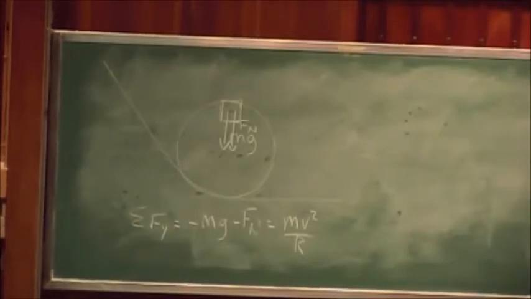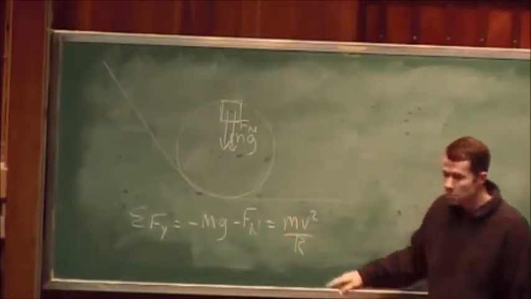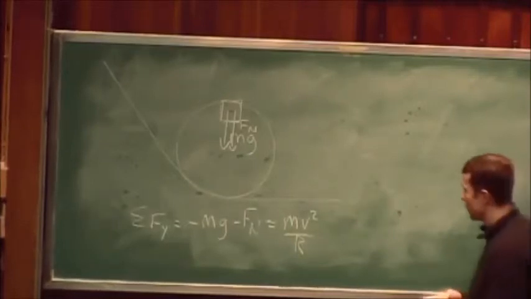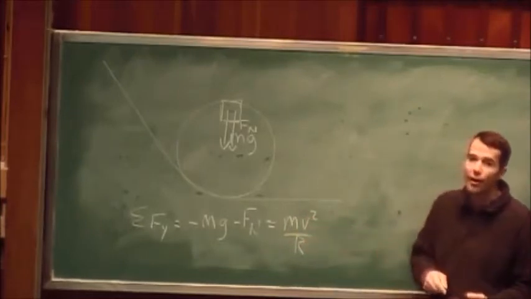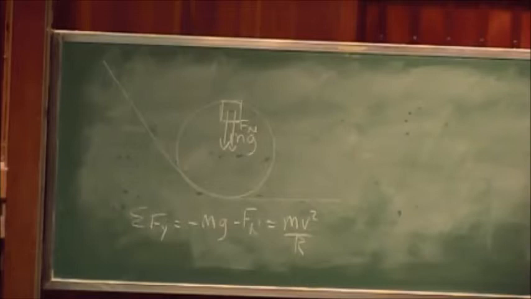Okay, now one thing that's fairly important here: which direction is this pointing, this mv squared over r? So it's what's left over, right? You sum all the forces, and you get ma, and then ma is this mv squared over r. And we know from this that this is pointed towards the center.